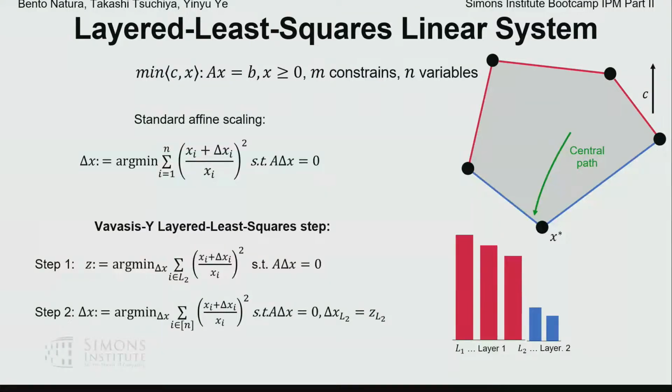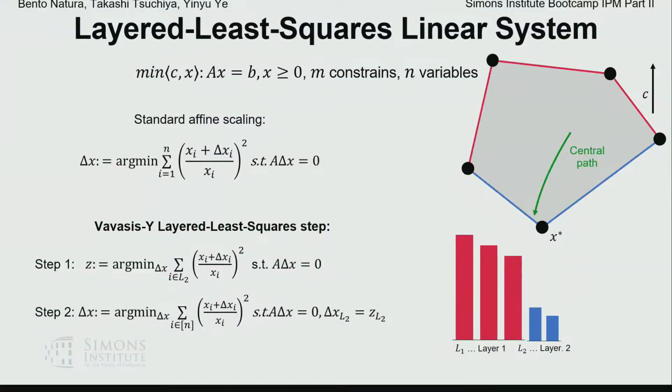Some are not on the cycle, some on the cycle. On the cycle, they have big layers. Those not on the cycle just equal 1. So what we do is we first find a least square, do affine scaling on this one, find the best solution. We fix that, so that affine space is fixed. Then we do a second layer.